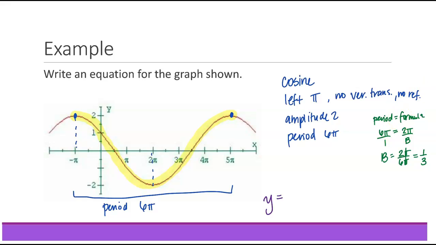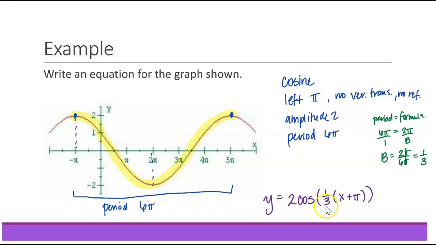What goes first is the amplitude, and there was no reflection, so it's just 2 cosine of, and what comes next is the value of b, 1/3. And there is a phase shift. Everything goes to the left pi. So we have to be careful. We have to include a set of parentheses to put x plus pi. We need those parentheses to indicate that I have a phase shift, so it has to be just with the x.